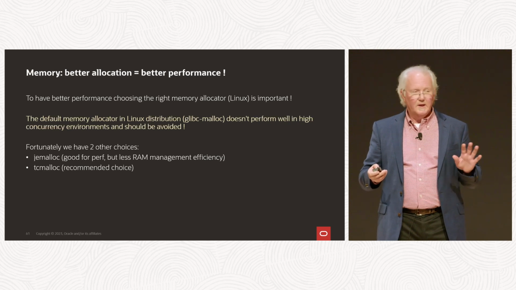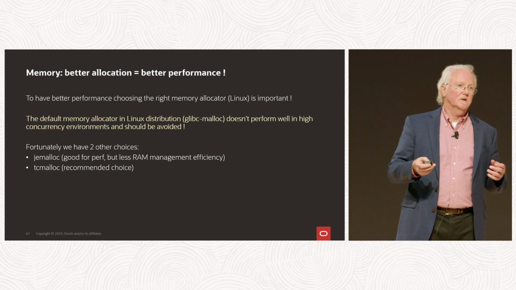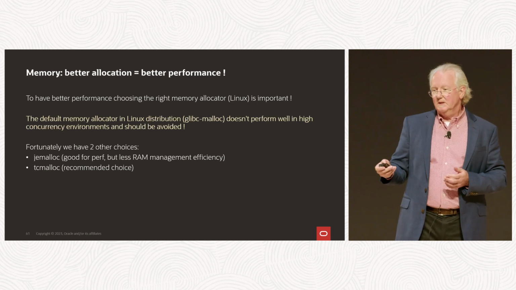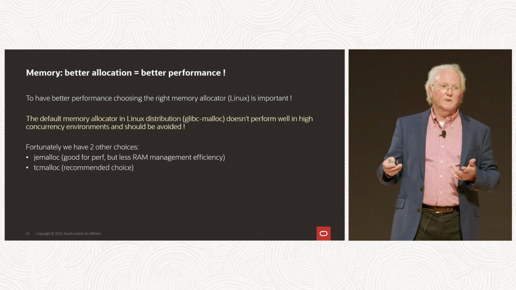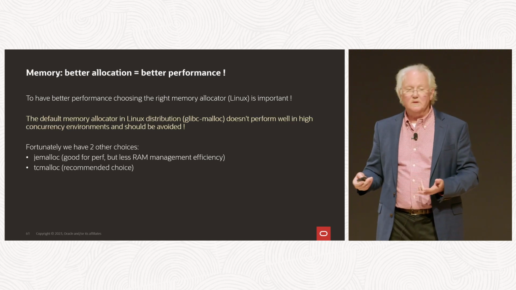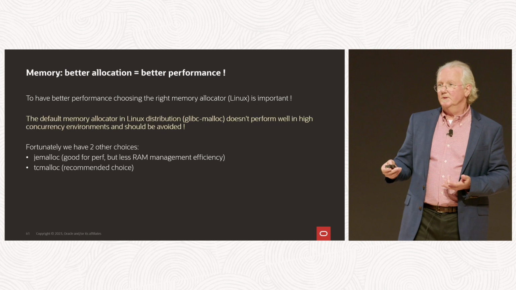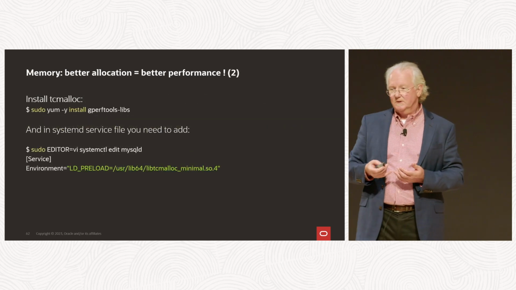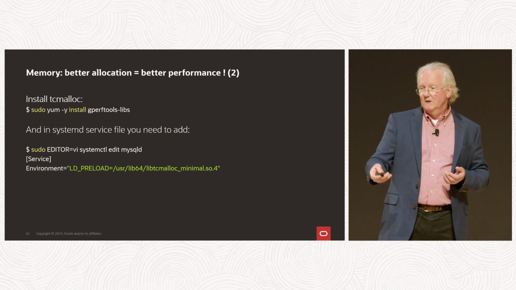So on the memory allocation side, if you're running Linux, by default, most of them have jemalloc. And it's good for performance, but it's not very RAM efficient. And so we run TCMalloc. It's our recommended choice. It's fairly easy to install on a Linux system with yum install.